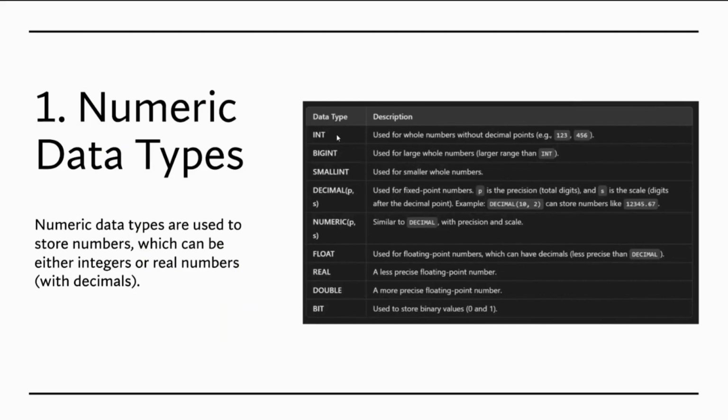These all come under numeric only. So the numeric data types are used to store numbers, which can be either integers or real numbers with decimals. So all these data types together we call the numeric data type.